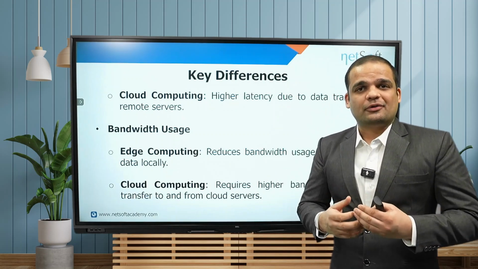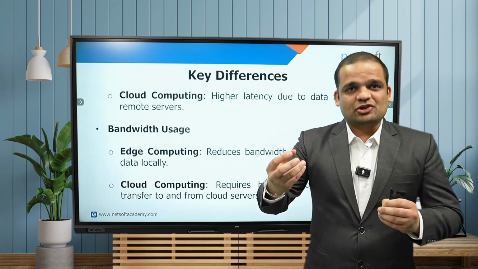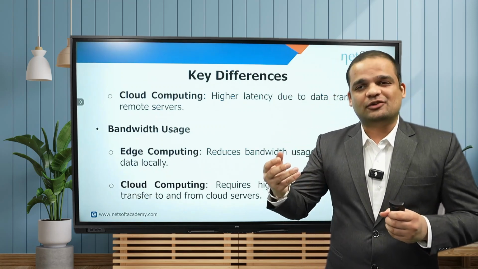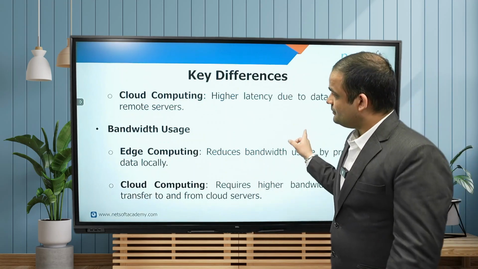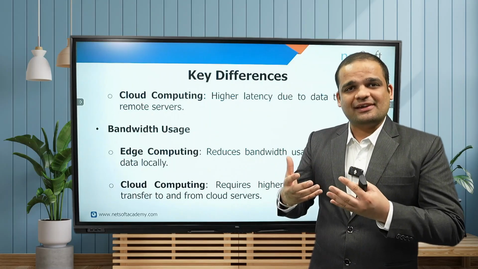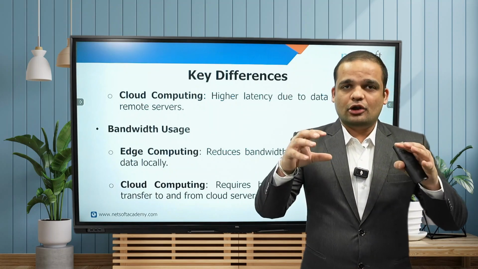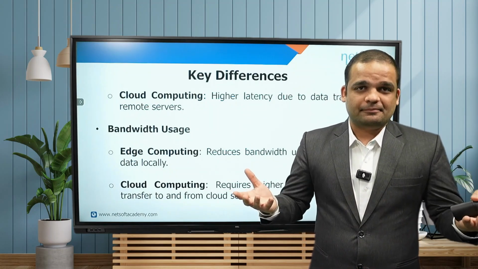Now let's talk about the bandwidth usage in both cases. The actual amount of data that needs to be sent over the network, that is your bandwidth. Now for edge computing first. Well, with edge computing, less data is sent since much of the processing is done locally, saving you bandwidth.